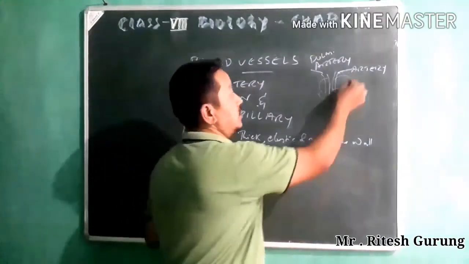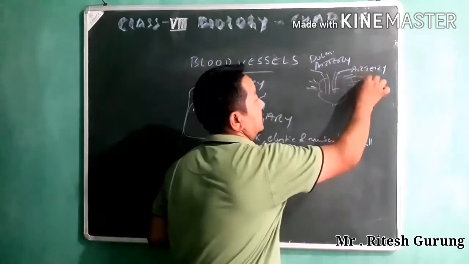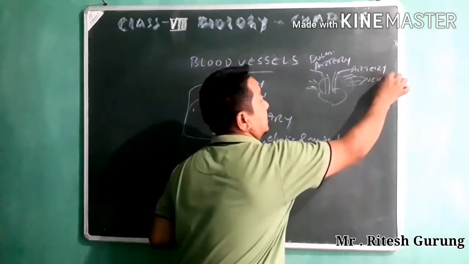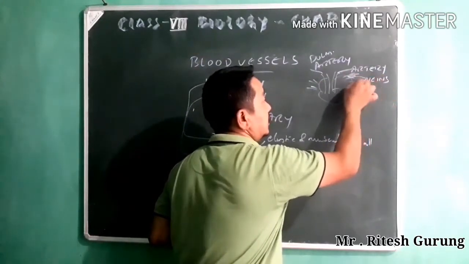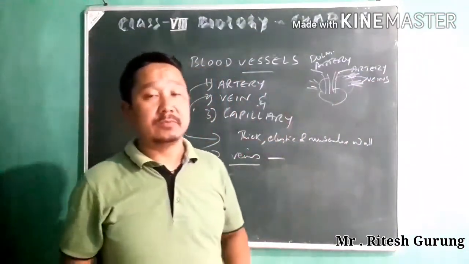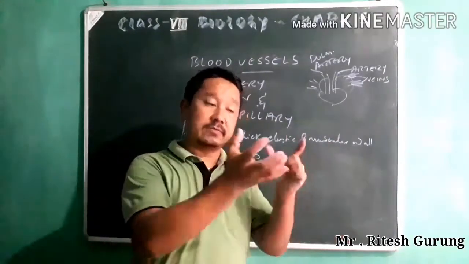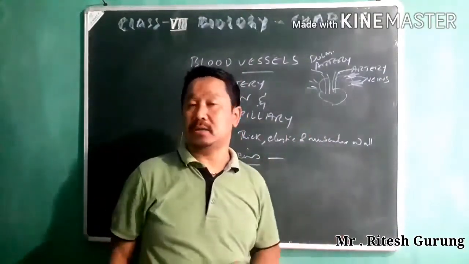They bring it to the heart like that. So they are the veins. They carry blood into the heart. From different parts of the body, veins collect the blood and bring it to the heart.